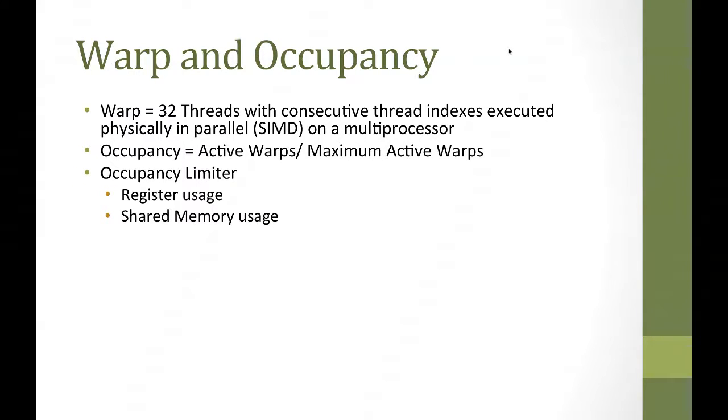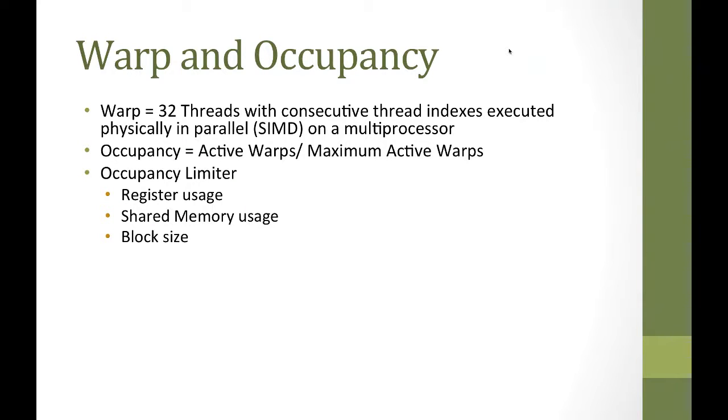Another thing is shared memory. Shared memory is another limited resource on the multiprocessor. If you use up all the shared memory, you're not able to run more warps on the multiprocessor. Another thing is block size. If you have a very small block size, for example 32, that is 1 warp per block, but the number of blocks is limited for some other reason.